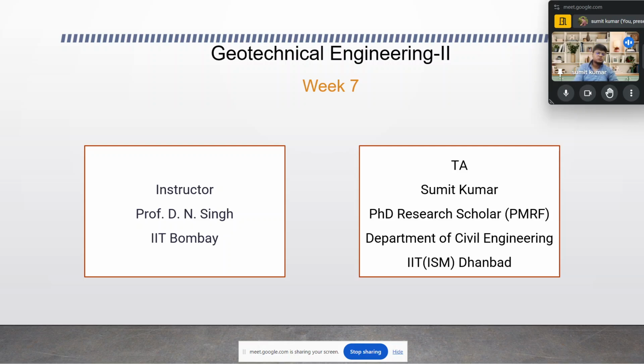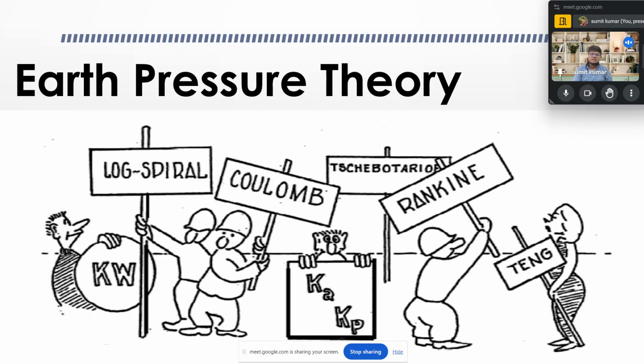Today we are going to read about the term earth pressure theory. When the term earth pressure theory comes, we should bifurcate it. There are three words here: first is the earth, and second is the pressure.